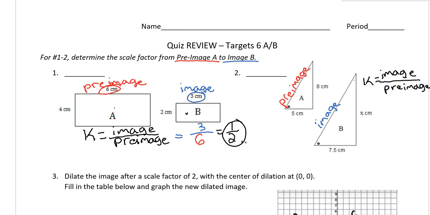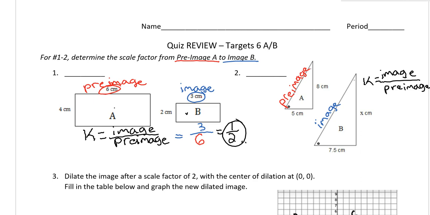This is something we just have to memorize. Scale factor equals image over pre-image. It really is helpful if we write it on every single problem we do. I know we're against writing something sometimes, but if you really write the work every time, that's how you practice it. That's how you remember to do it.